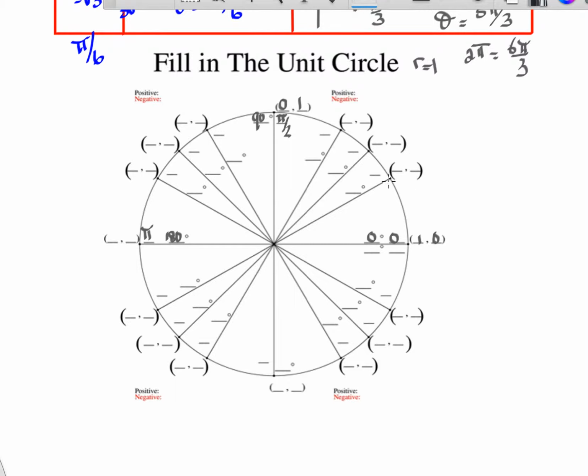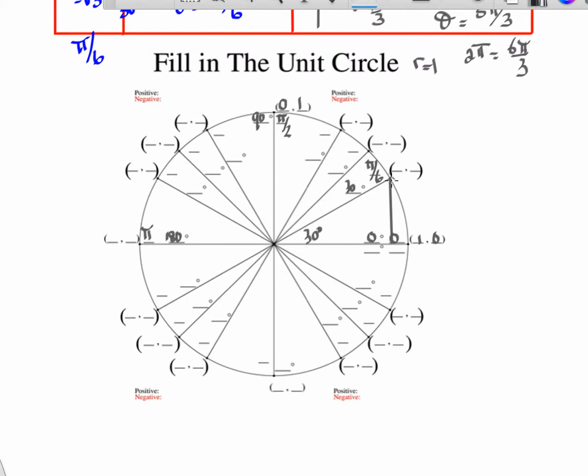Now, all these are special triangles. So I know for a fact that this line over here creates a triangle and that this gives you a 30-degree angle. So this is 30 degrees, okay? You should know what 30 degrees is in terms of radians, but if you don't, how many 30s go into 180? 6, so that's a pi over 6.